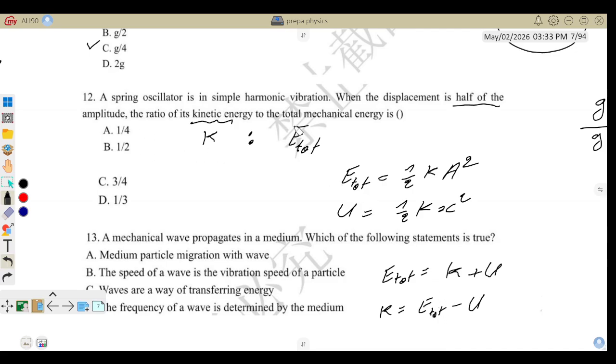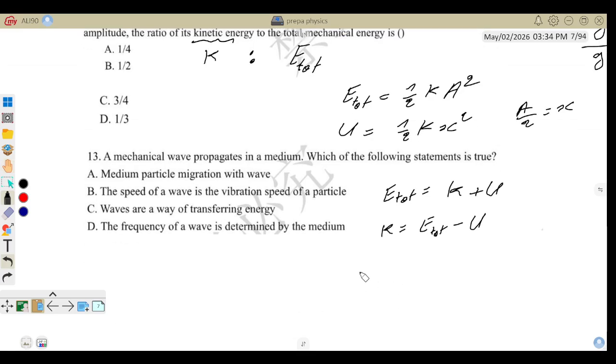The specific case here is what? The displacement is half of the amplitude. That means the x here would be A/2. This is our new x. So if we calculate the potential energy at this position, it's going to be 1/2 k (A/2) squared.